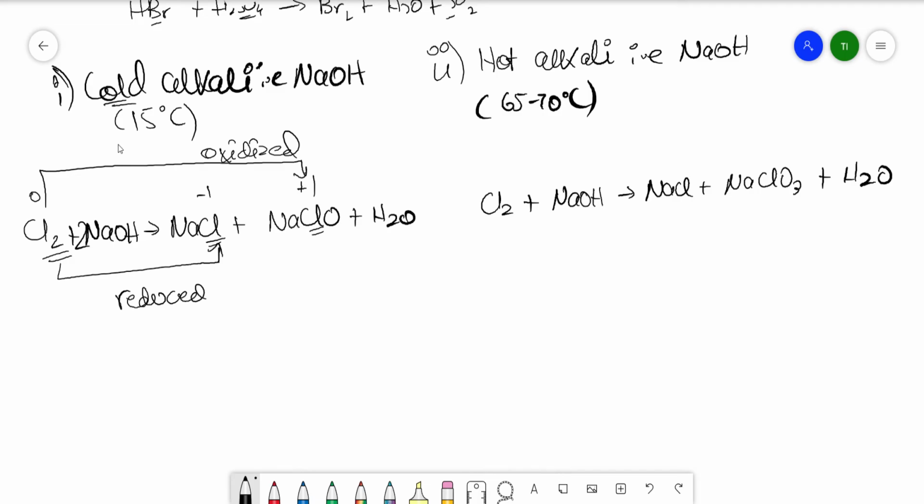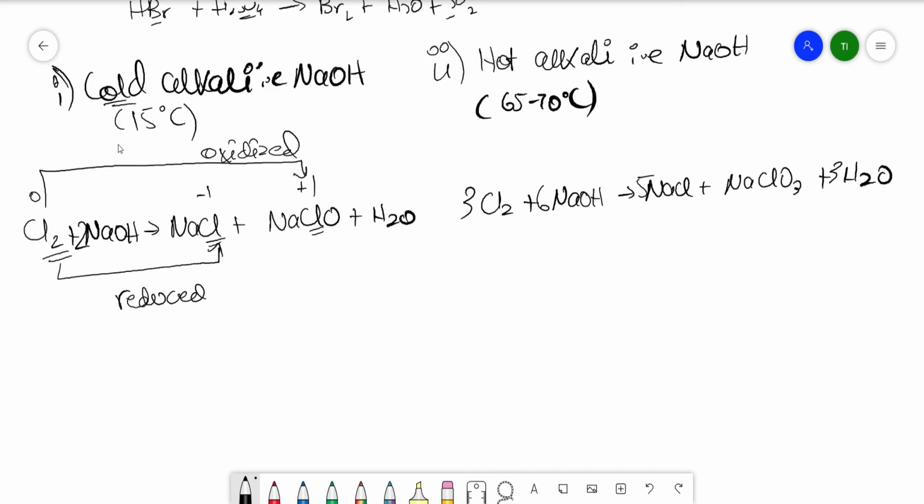Let me balance this equation out first. This will be 3Cl. There's 5 and 1, so there's 6, and there's 3 here, 6. Okay, so this is the balanced equation.